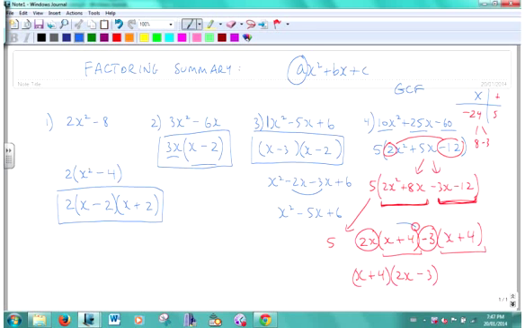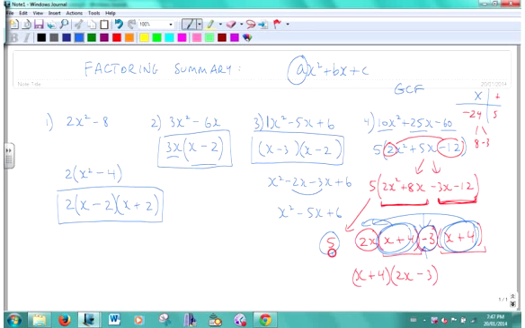So again, I factored this out of both of these two terms. This is what's separated by that minus right there. Okay, if I take this out and put it out in front, I multiply it by the 2x. And if I take this out, I need to multiply it by the minus 3.